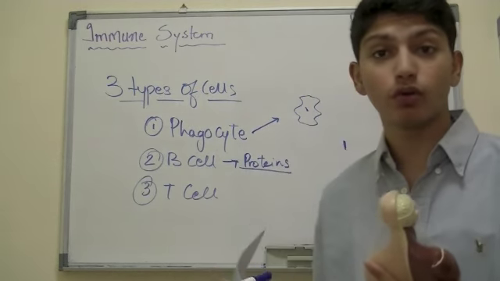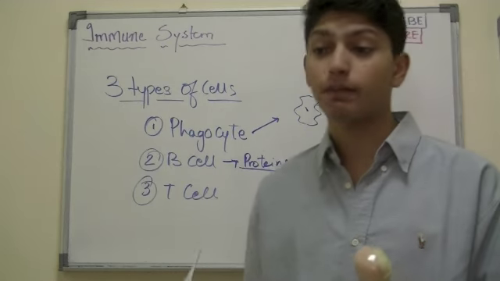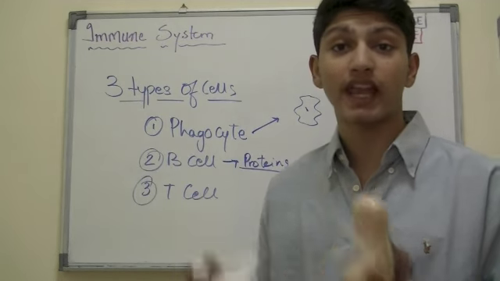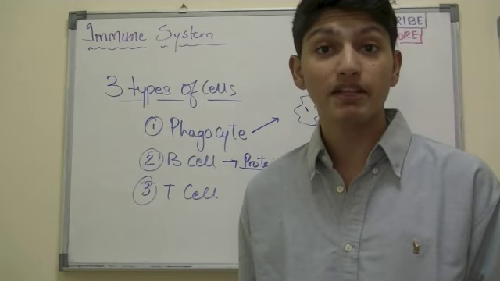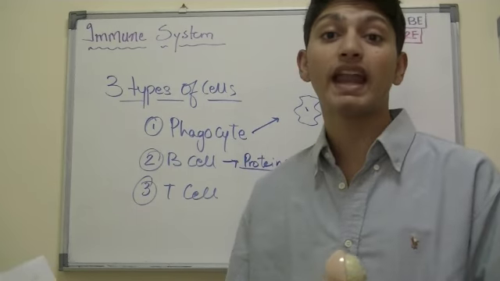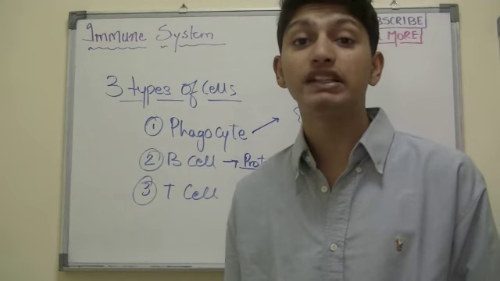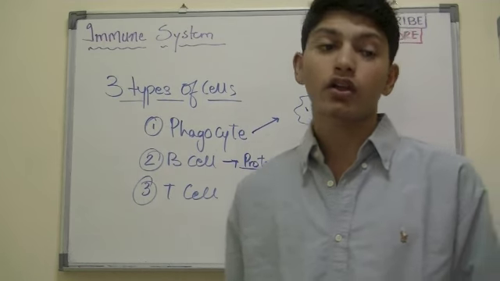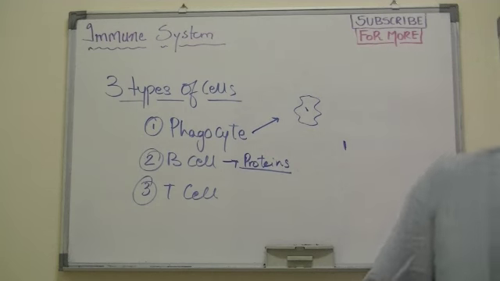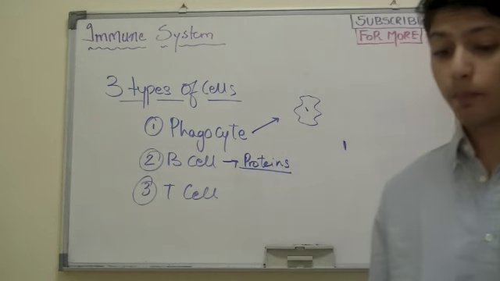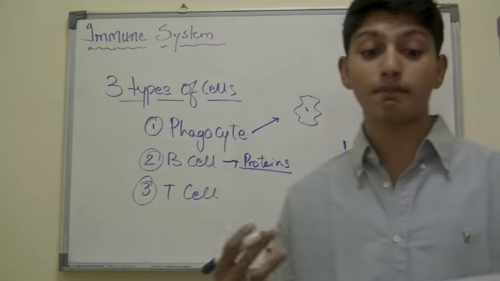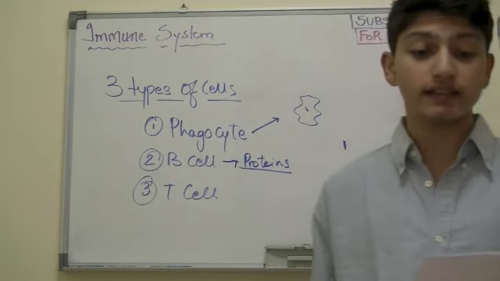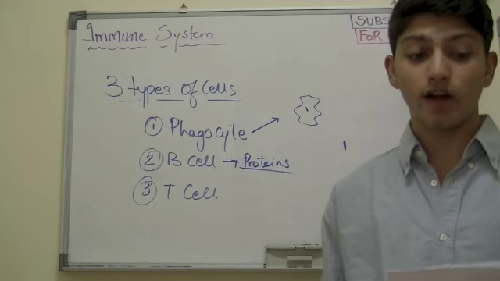You can think of pathogens as people. Those people that have already come inside our body cannot be stopped, but those intruders that haven't yet come inside can be stopped. So this B cell basically produces proteins that inactivate pathogens that have not yet infected a body cell.